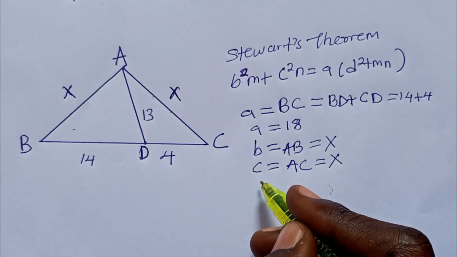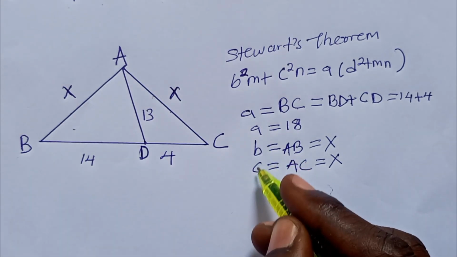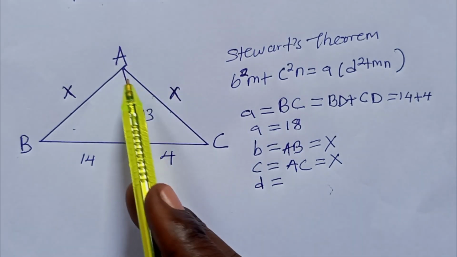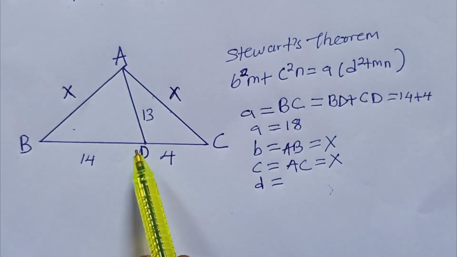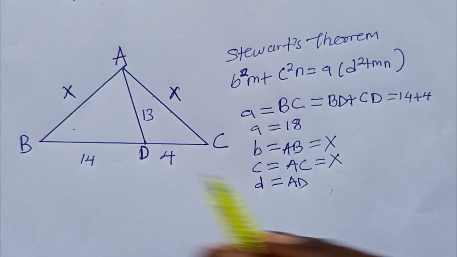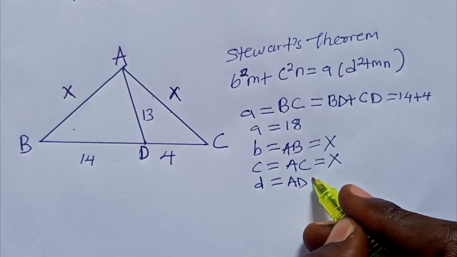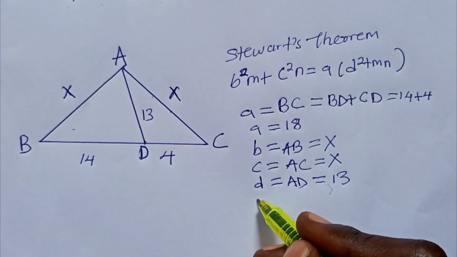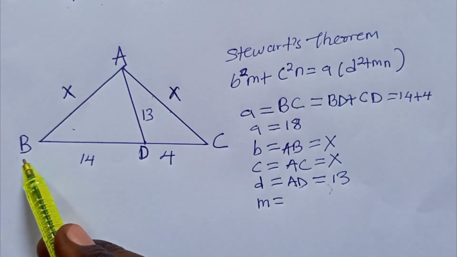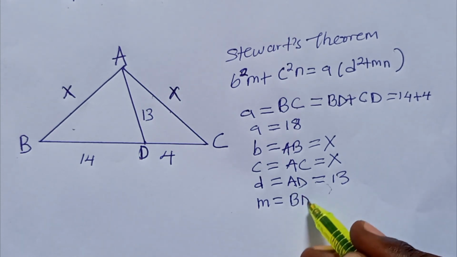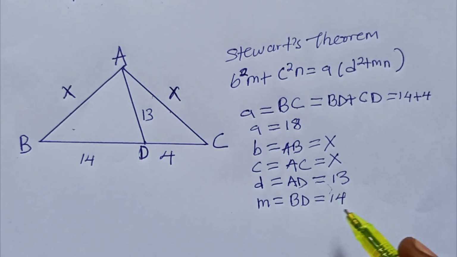Then we have our a, our b, our c. Our d is the internal dividing line from A to D, which is 13. Then our m is from B to D, and it's giving us 14.